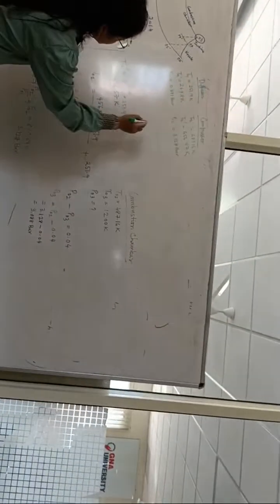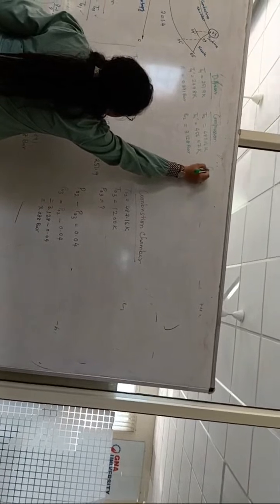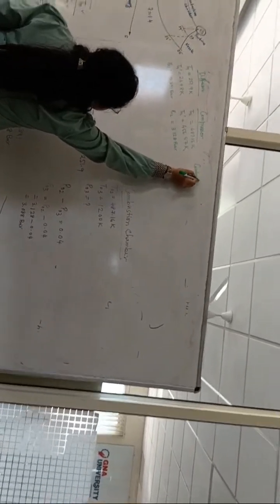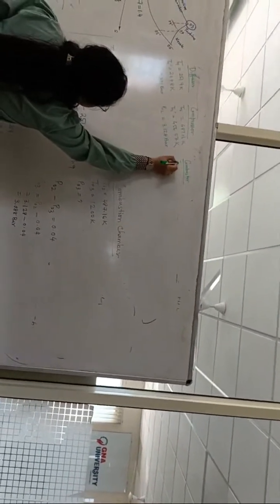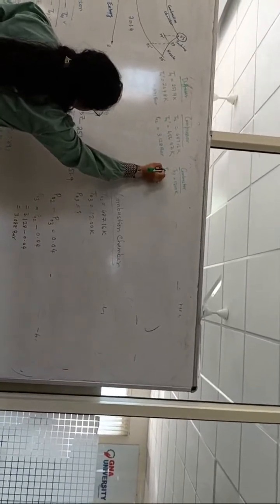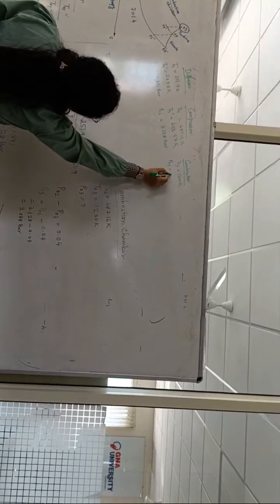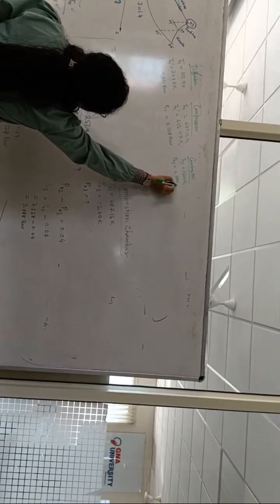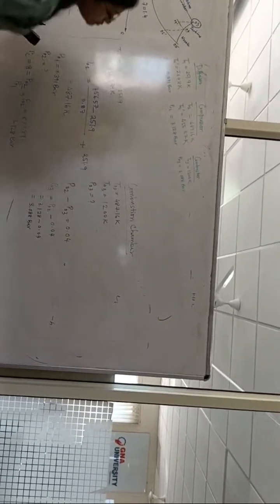So now for the combustor, the T03 value is already given in the data, and P03 is right now 3.088 bar. Simple. Now two more components are left out.